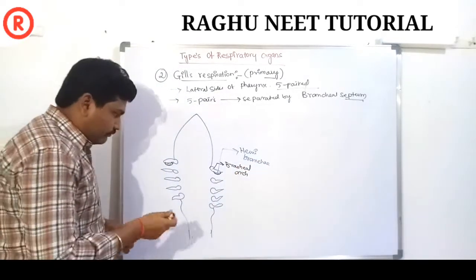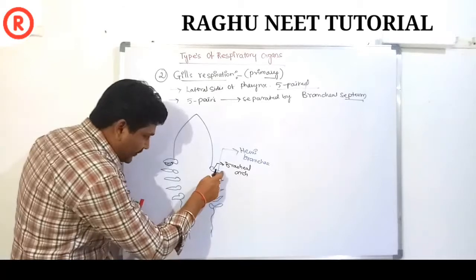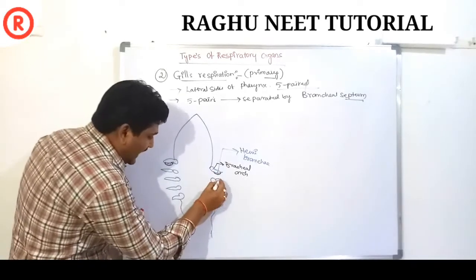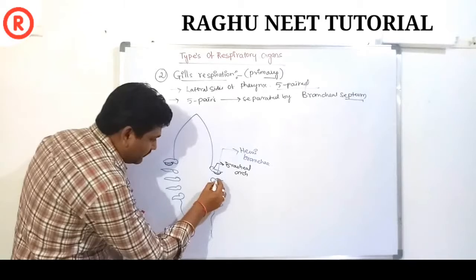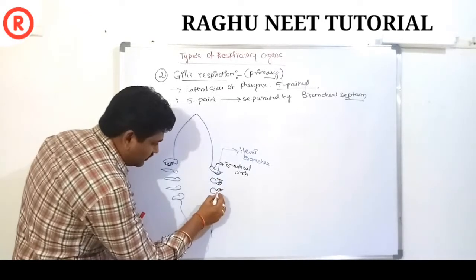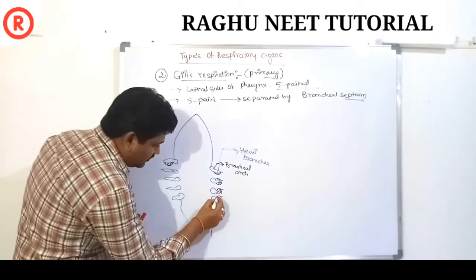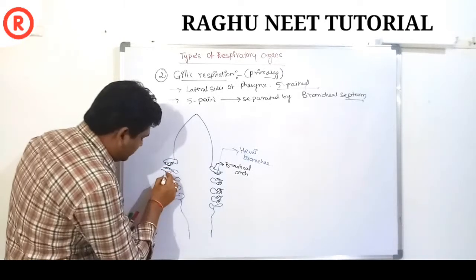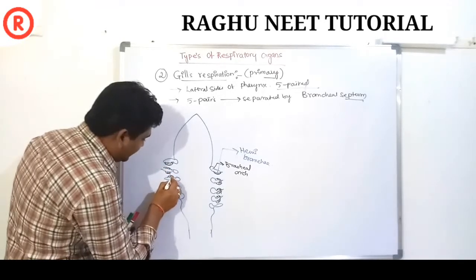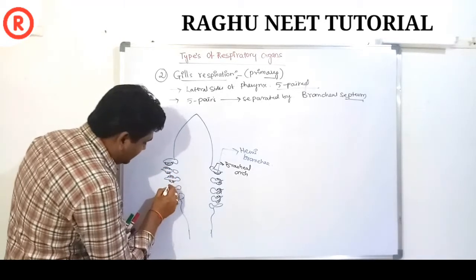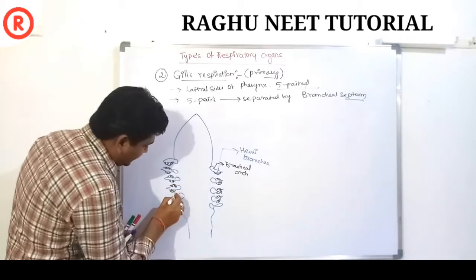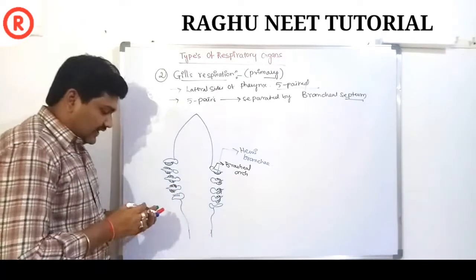The remaining 3 pairs, the second, third and fourth, have paired branchiae. The gills are completely there on the branchial arch.